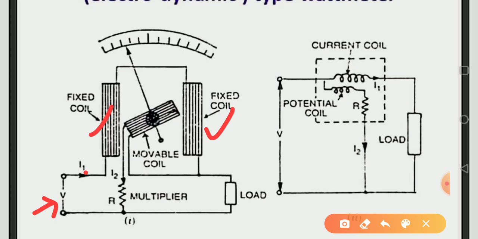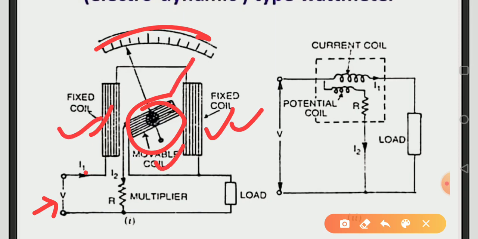Hence the movable coil rotates along with the pointer, and the deflection of the pointer shows the reading on the measuring scale. The pointer is attached to the movable coil, so it also starts to rotate and shows the reading on the meter scale.